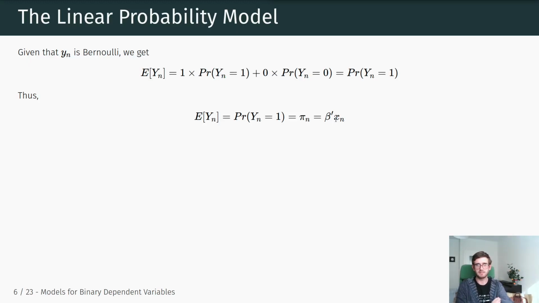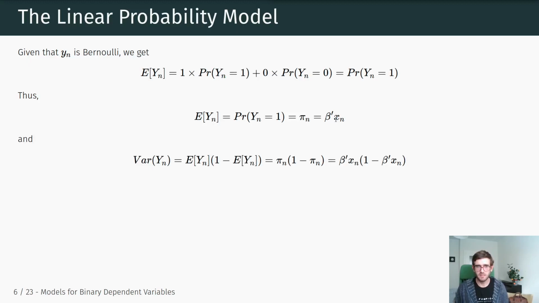And if we just make this linear assumption directly relating the probabilities to our systematic component, beta prime xn, in theory at least, we can get predictions of probabilities that are larger than 1 and smaller than 0. And obviously that doesn't really make sense. That cannot correctly characterize the underlying data generating process, okay.